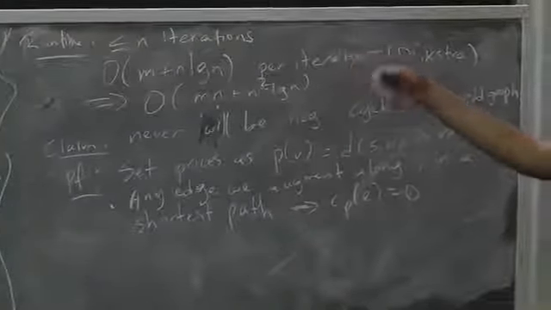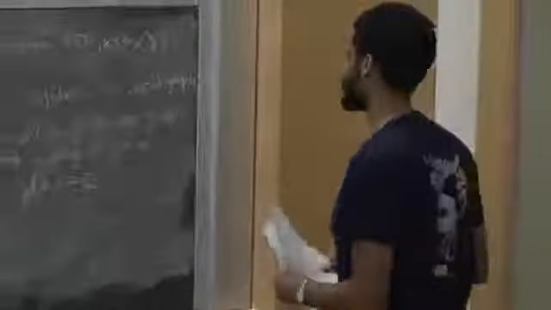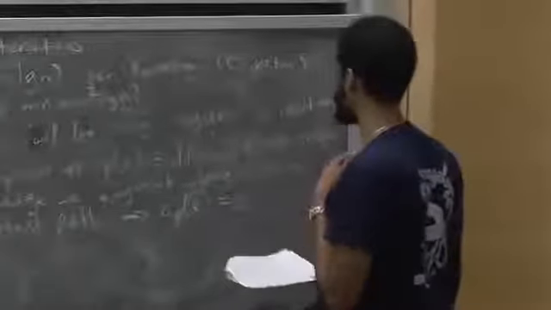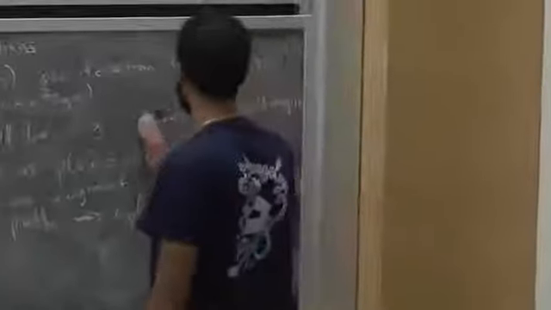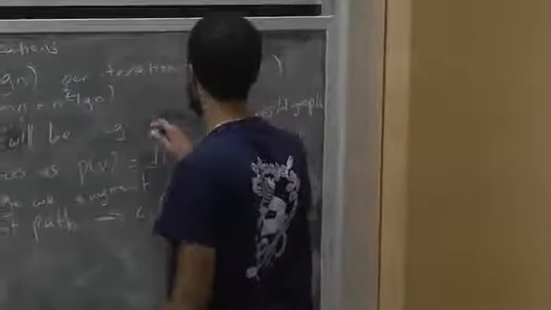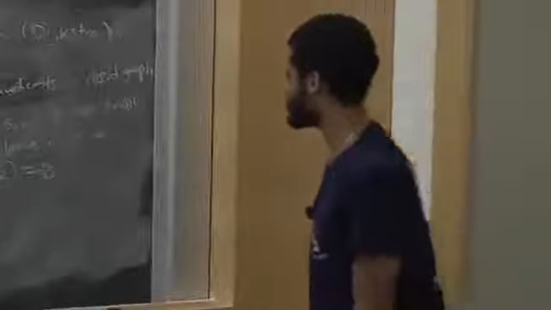So the new edges that we introduce into the residual graph will never be negative. So in fact, we'll never even have negative reduced costs. That's what I really should say. We'll never have negative reduced costs in the residual graph.